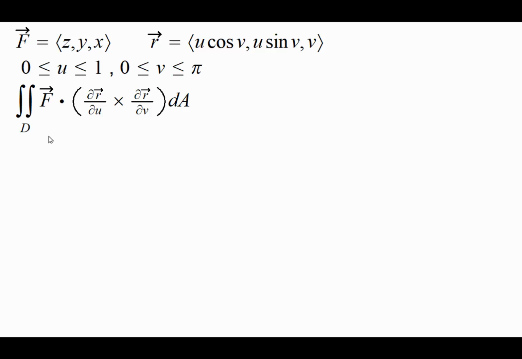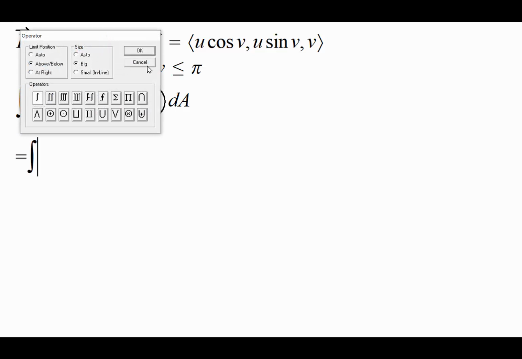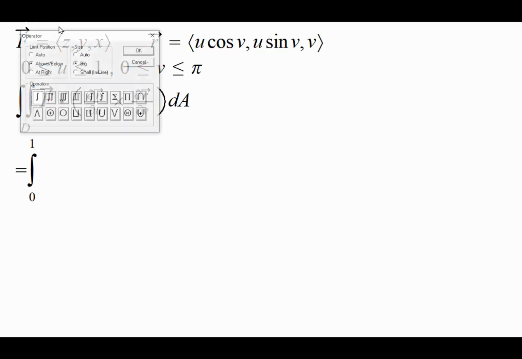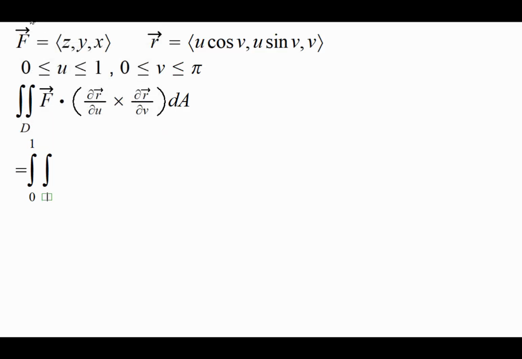Now we are going to compute this integral where F and r and the limits of u and v are as stated here. So we have the integral from 0 to 1, and that's for u, and then from 0 to pi, that's for v.